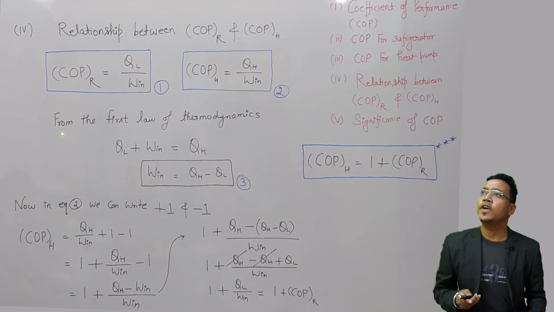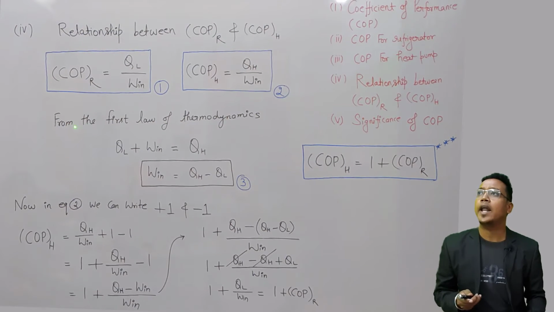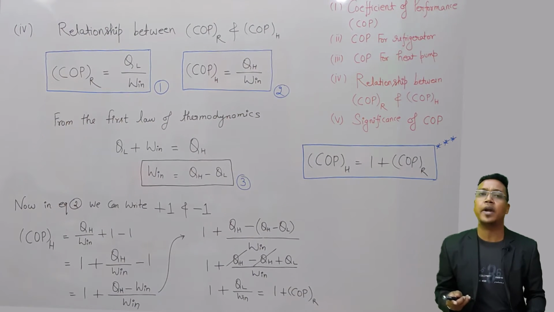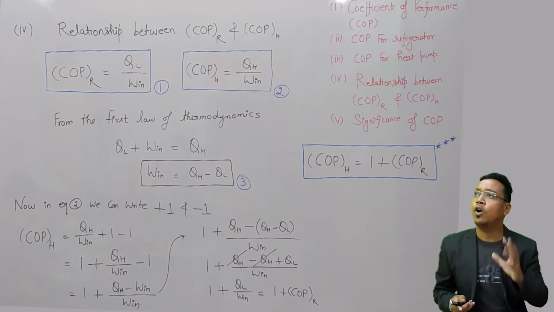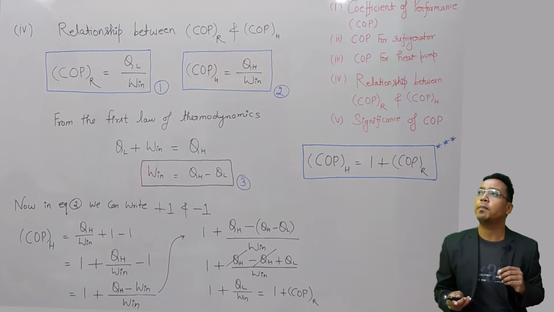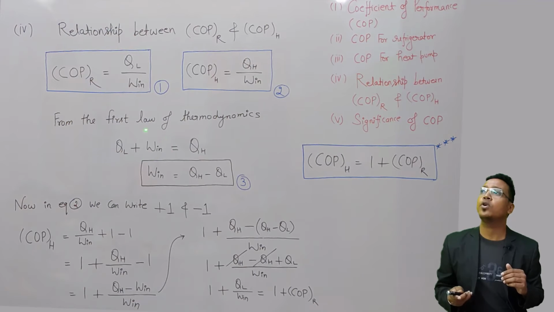We know from the first law of thermodynamics, in the last video, I have already given this equation, that all heat input is equal to heat output, or energy input is equal to energy output.